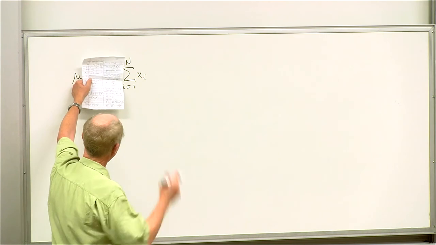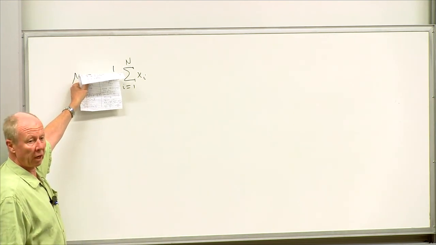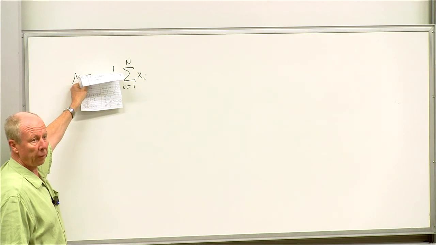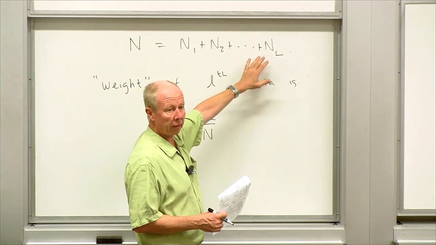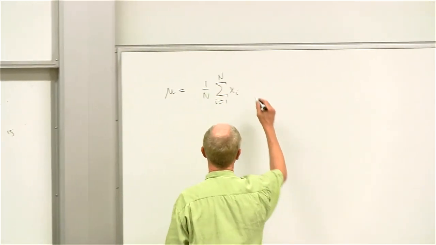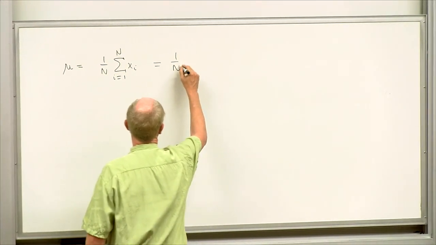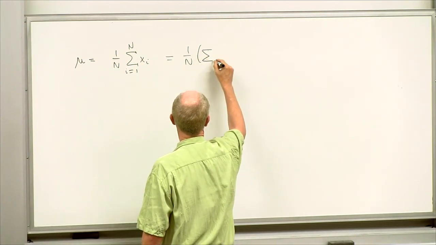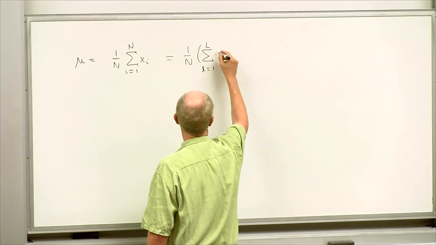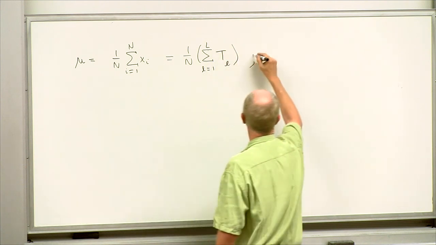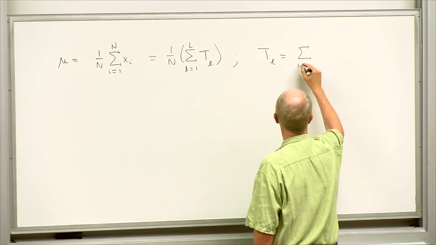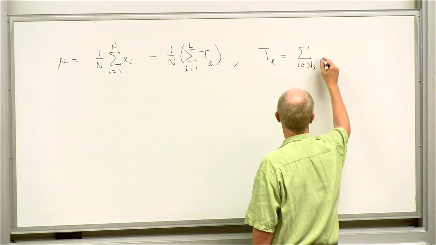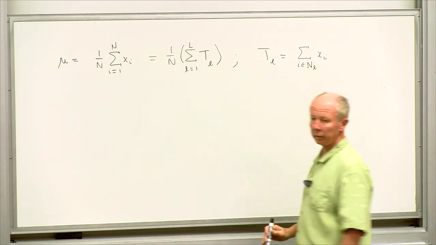But if we think about this sum for a moment, how could we do this sum? This is the population total, right? We could take the total in strata 1, and the total in strata 2, and the total in strata L, etc. Like that.